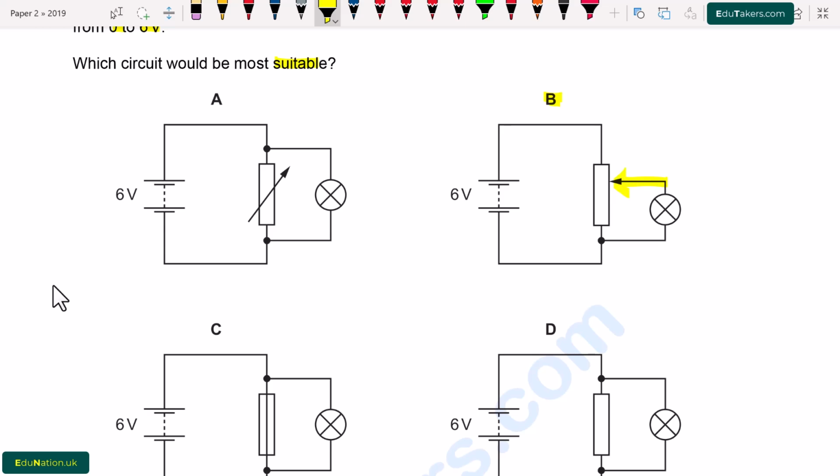Potential difference across the lamp can be varied easily by moving this arrow up and down. So when the arrow is at this position, potential difference will be different, but if the arrow is above, the potential difference also will be changed. It means that we can vary the potential difference by moving this arrow up and down. So option B is correct.